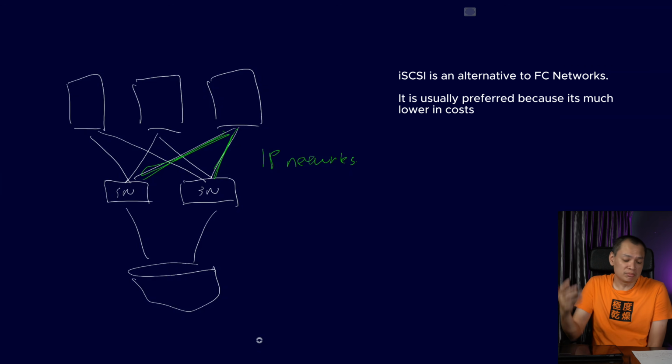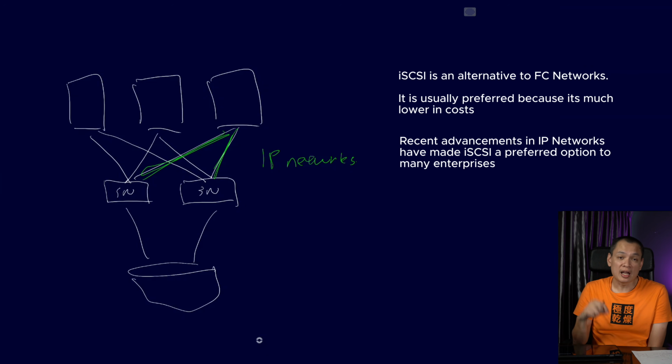But as technology has improved, today we are looking at networks of 10 gigs, 40 gigs, 25 gigs, and more. So today, iSCSI is becoming a very dominant storage area network replacement for fiber channel, in large part because you can also use the IP switches for traditional IP traffic on top of storage network traffic.